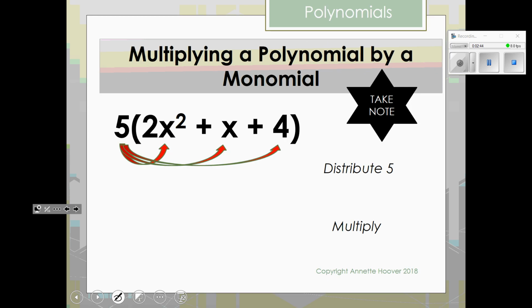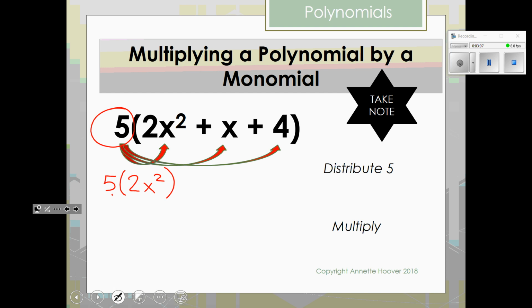When we have a monomial times a binomial or trinomial or 4-term polynomial and so forth, we're going to use the distributive property. So when you see this monomial out here, which happens to be a constant 5, I know that I'm going to multiply 5 times the first term, which is 2x squared. I can do this mentally.